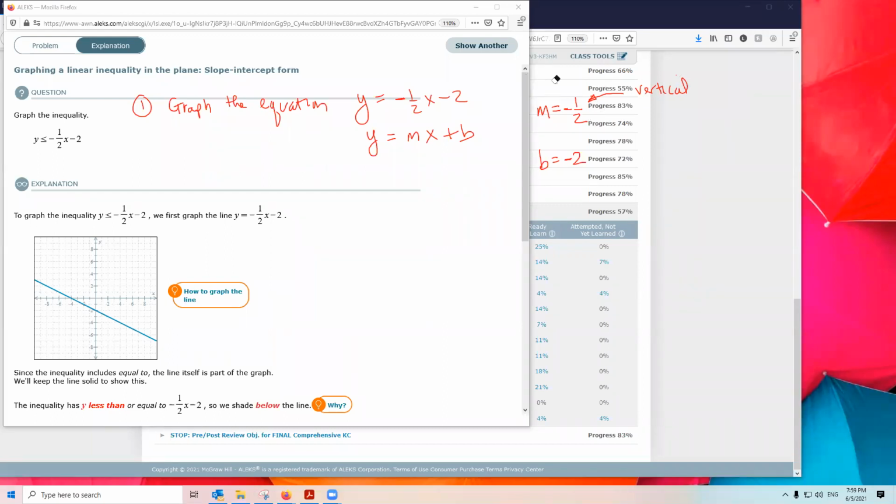Now, what I'm going to do here is I'm going to rewrite the slope to put the negative sign on top with the 1. That makes it a little easier to work with. So I'm going to make this negative 1/2. Well, if you remember, the top number is the vertical distance to go, and the bottom number is the horizontal. So what this is telling me is go down 1, and then go over to the right 2.